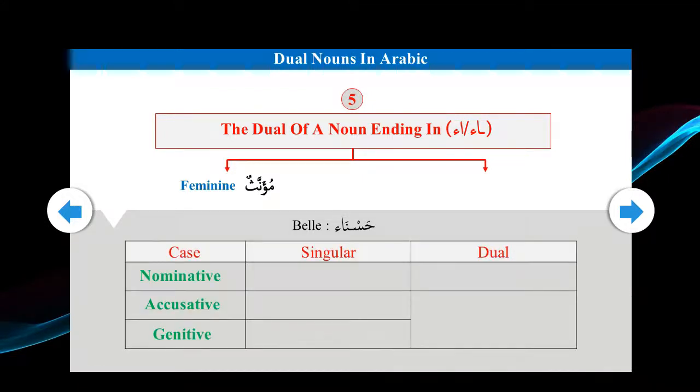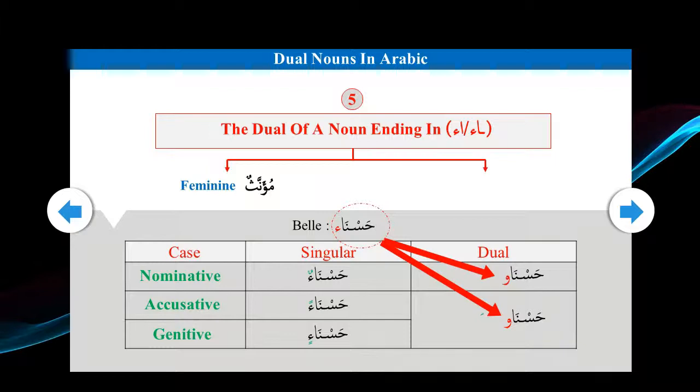The singular in the nominative case is حسناء, and the same in the accusative and genitive cases.